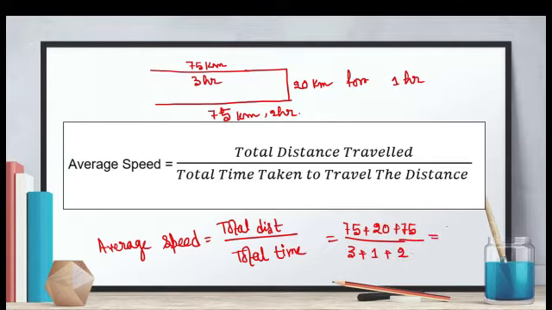So it is 170 upon 6, and the unit is kilometer per hour. So now we can tell that the average speed of that car is 170 by 6 kilometer per hour. So average speed is total distance upon total time.